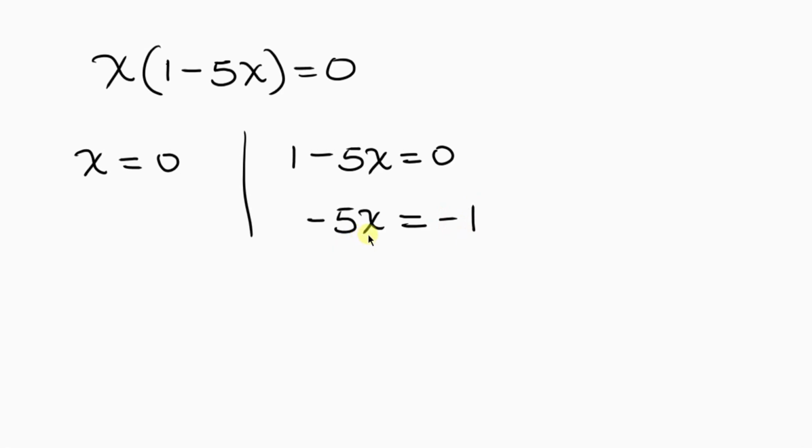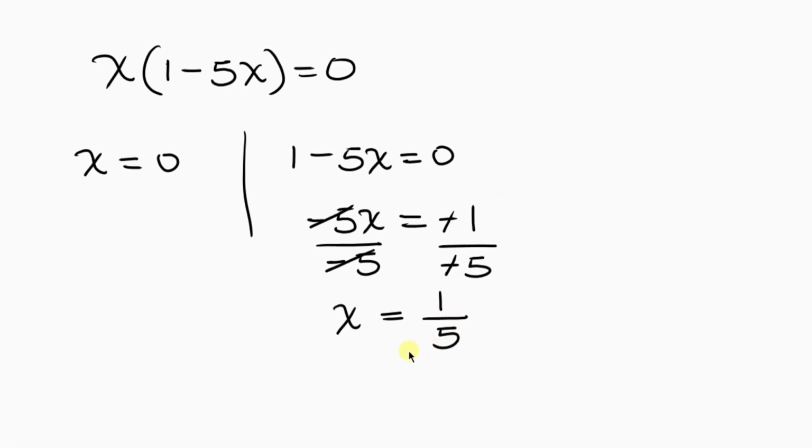Now divide both sides by the coefficient of x, which is negative 5. So I'll divide the left hand side by negative 5. I'll also divide the right hand side by negative 5. So negative 5 can cancel out from here, leaving behind x to be equal to, negative cancels out negative, leaving behind 1 all over 5.